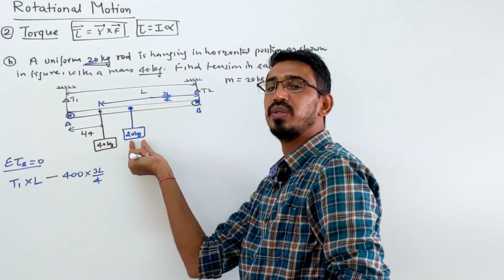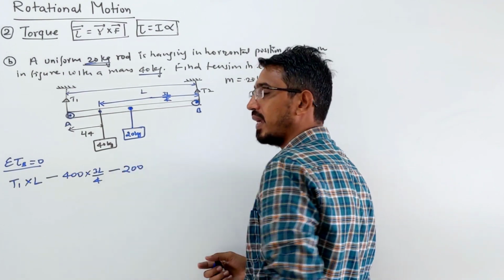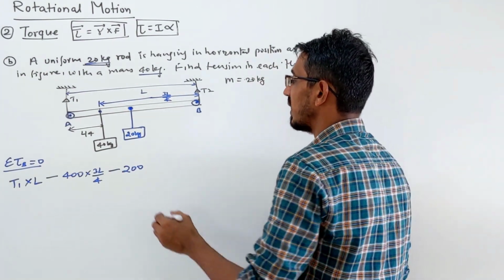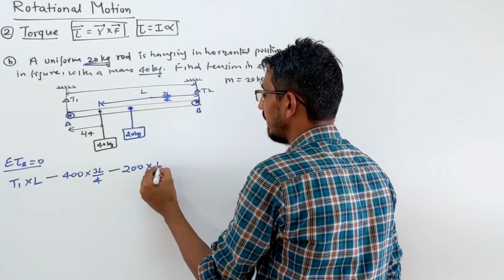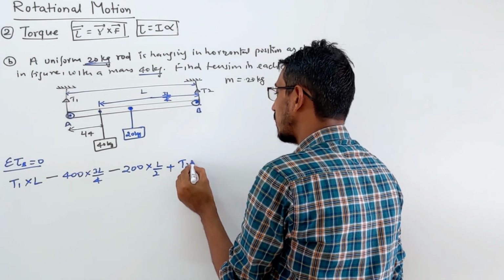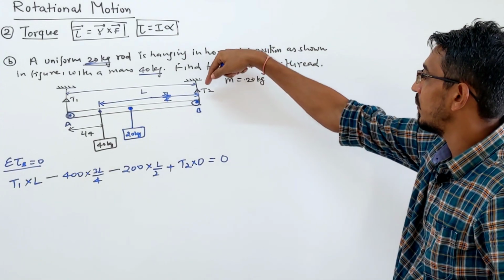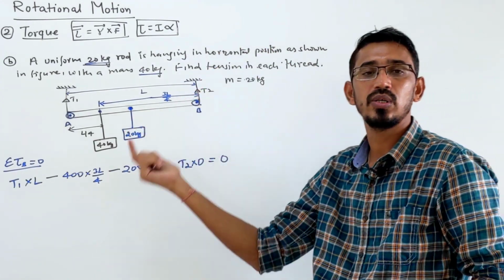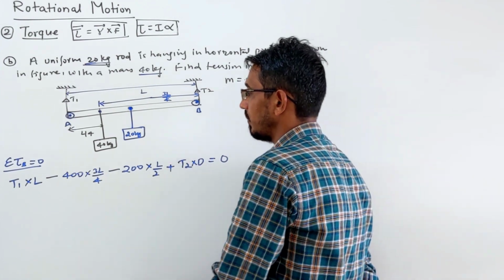Now minus the torque due to the weight of the rod, 20 kg, so 200 N, into the distance L by 2 obviously because it is at the middle point. Plus the torque due to T2 into 0 equals 0, because this force is acting at the same point where we are taking torque, so the distance is 0.